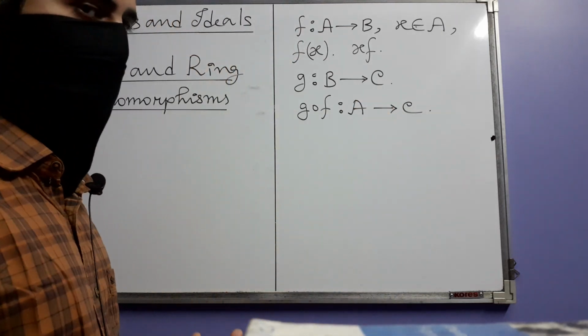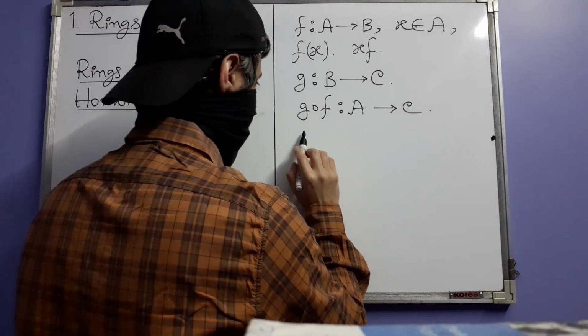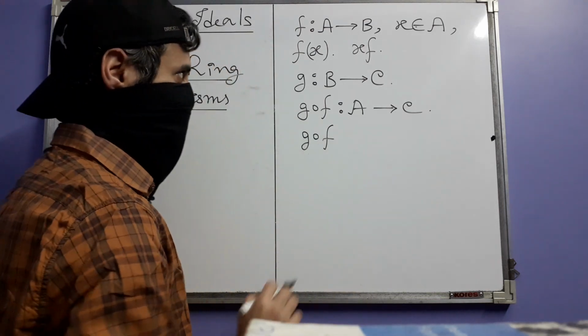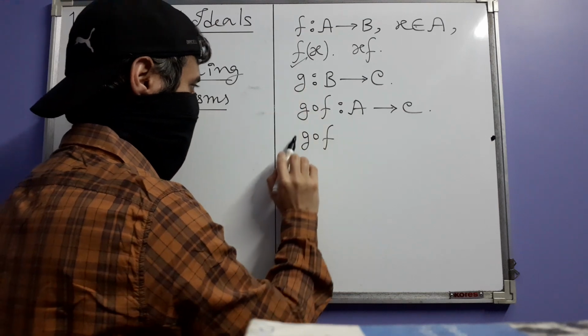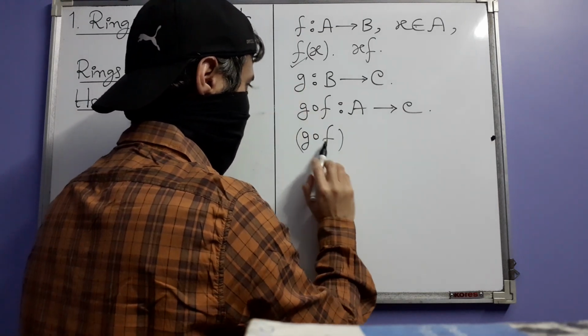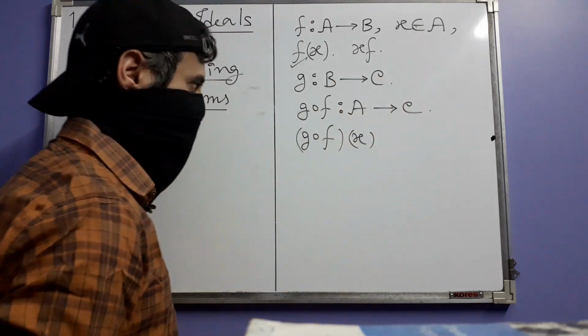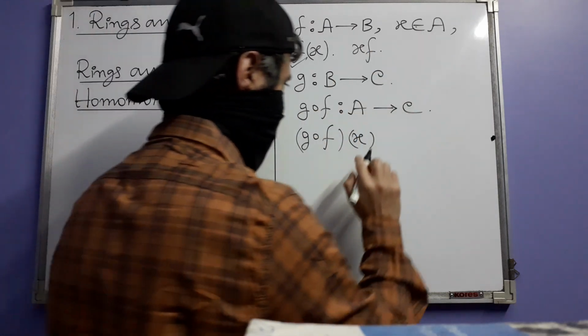The reason, of course, you already know. It is that since we write mappings on the left according to this notation, when you apply g composition f on any element x of A, it makes sense. Why?